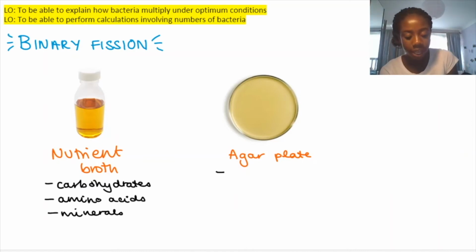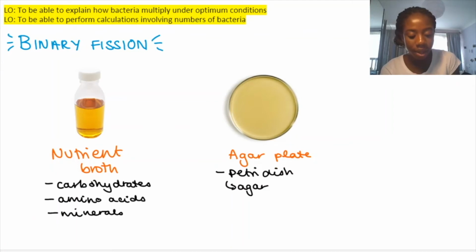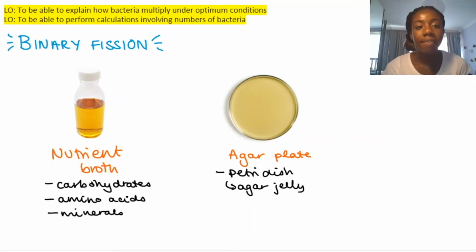The plate itself is called a Petri dish, and then obviously we're going to add our agar jelly to that, and when we pour it in, it's going to be hot and it's going to be sterilized, so we have no previous contamination, so we're only going to grow the bacteria or the microorganisms that we want to see in our experiment.